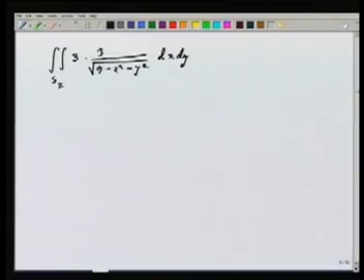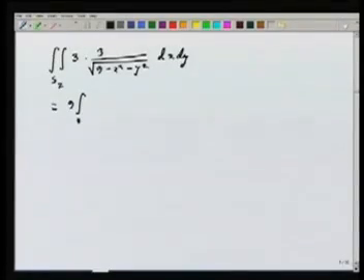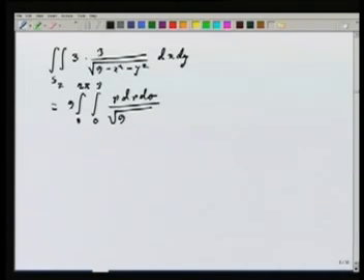Now I can write this in polar coordinates as 9, 0 to 2 pi, then the variation of the radius vector 0 to 3, r dr d theta divided by square root of 9 minus r square. Okay. This integral you can easily calculate and just check that it turns out to be 54 pi.